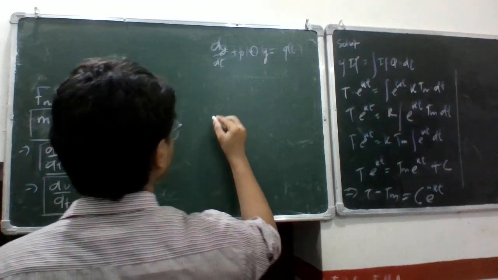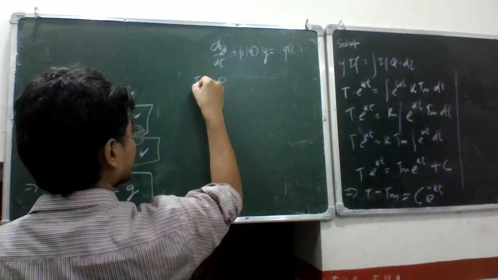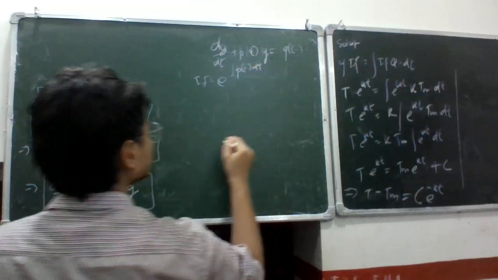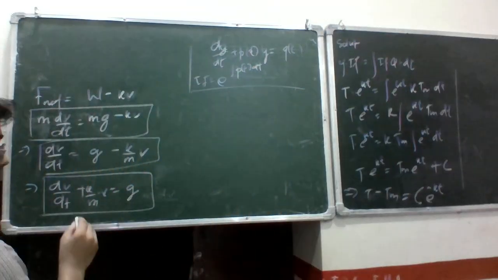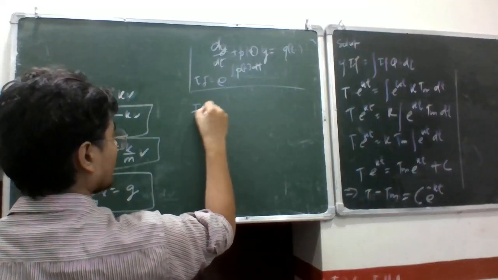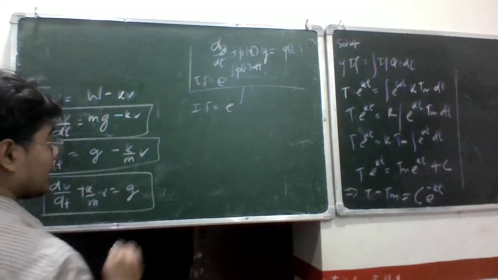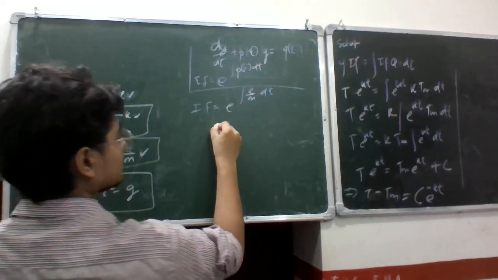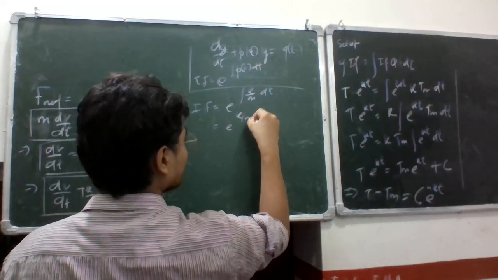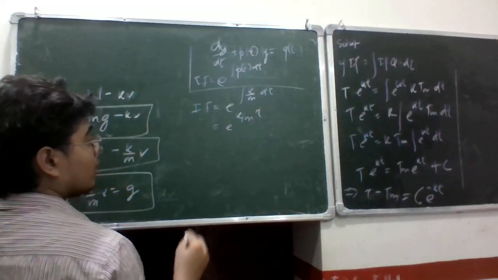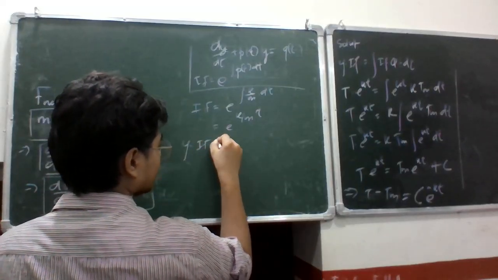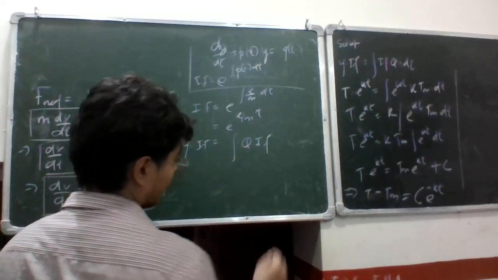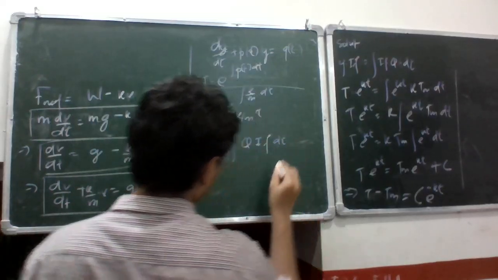So comparing it, the integrating factor is given by the integration of p, that is k by m, dt. That's going to be e to the power k by m times t. Now the solution is y times the integrating factor equals the integration of q times the integrating factor dt.